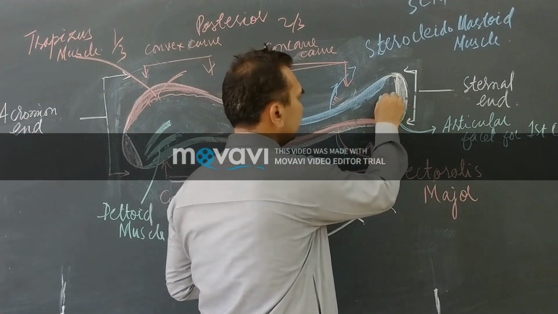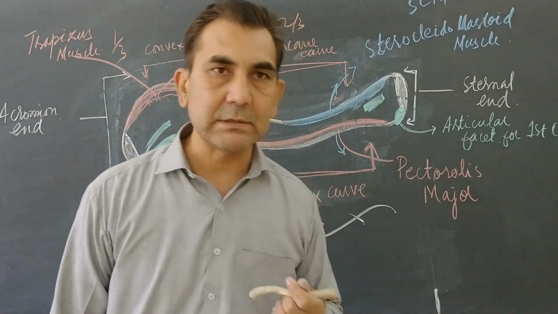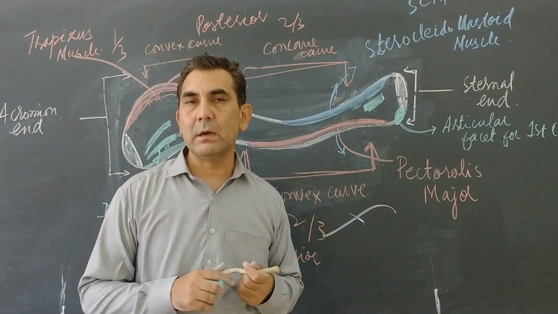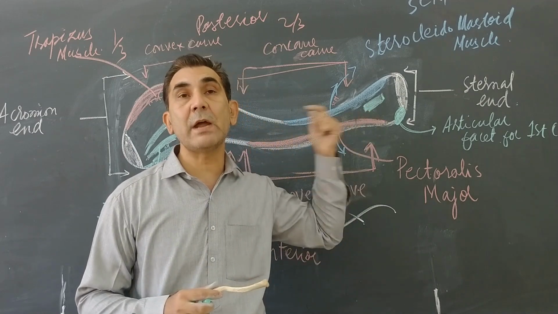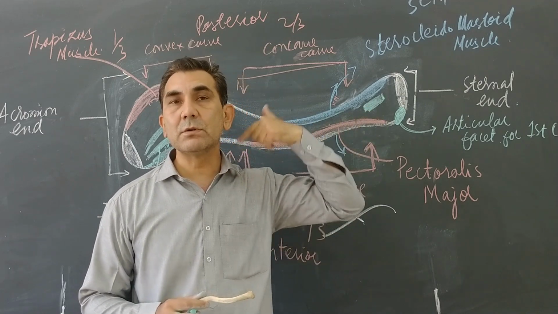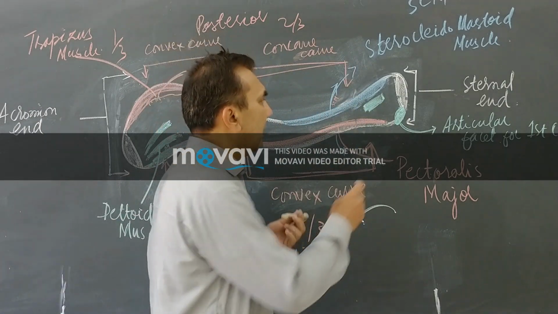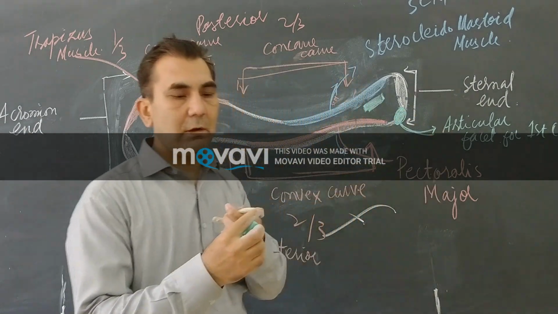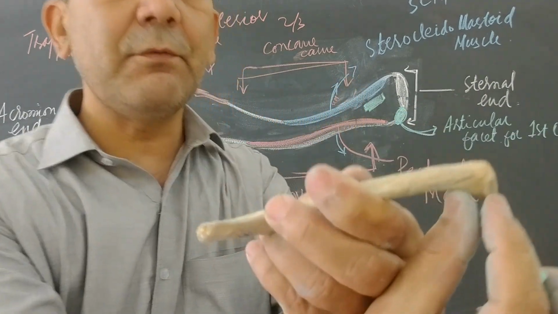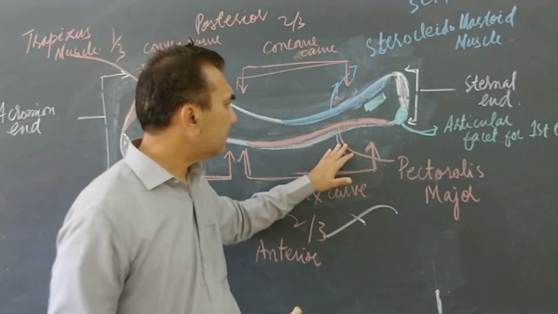Another area here is the attachment for the sternohyoid muscle, and this is also for the attachment of the costoclavicular ligaments. These ligaments go to attach with the first rib. And at the sternal end, another articular facet is here. This articular facet is for the first rib.